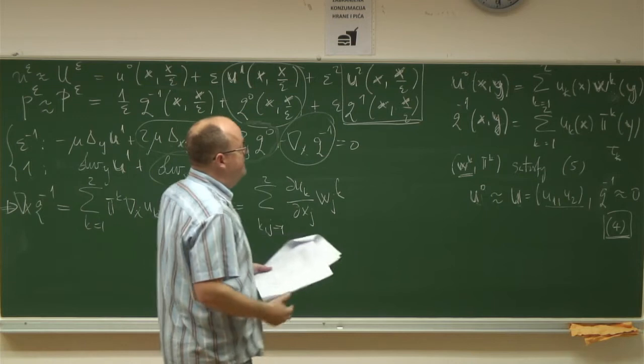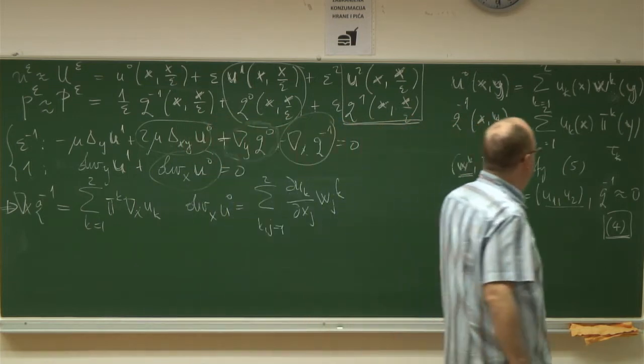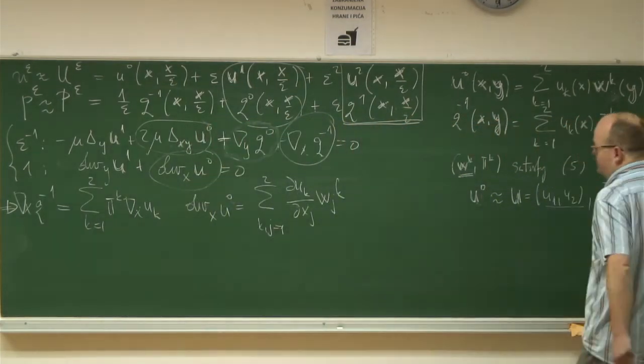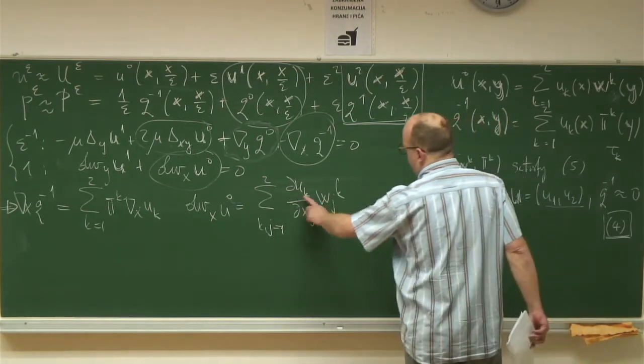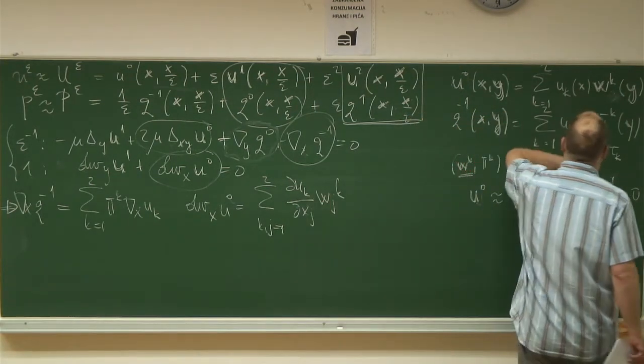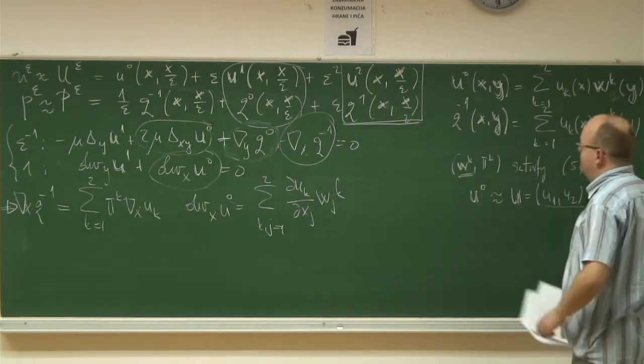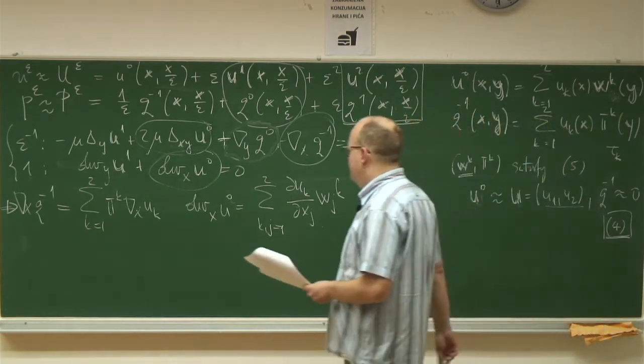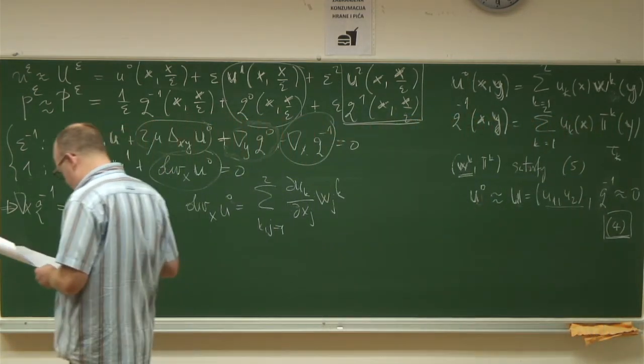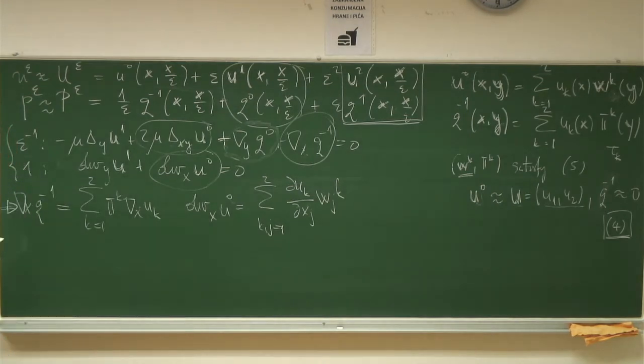I'm not writing the dependence on the variable. We know that uk depend on x, while wk and pk depend on the fast variable.